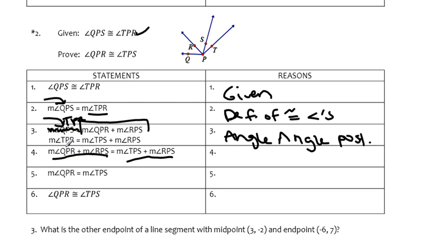Since these two equal each other, I can replace this TPR right here with what we said TPR equals, which is the measure of angle QPR plus RPS. So I've replaced this value here with what it equals. And that's called the substitution property.